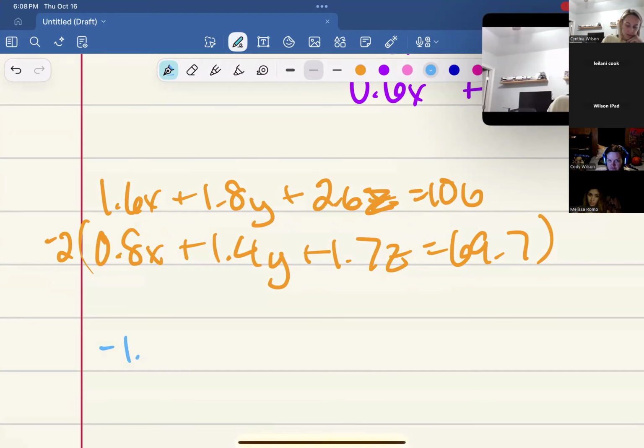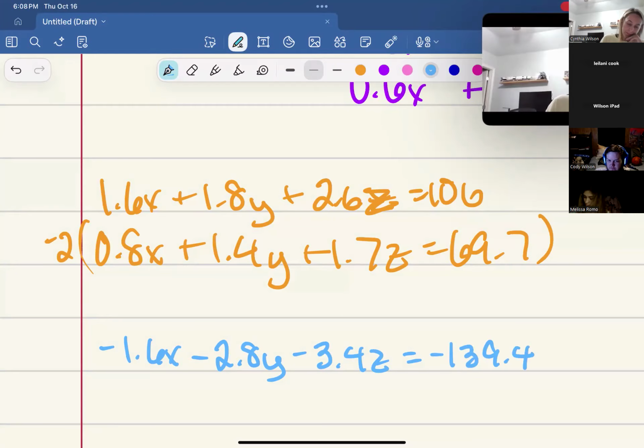Distributing is going to give me -1.6x, minus 2.8y, minus 3.4z, and -139.4.